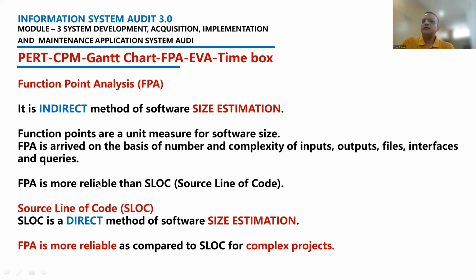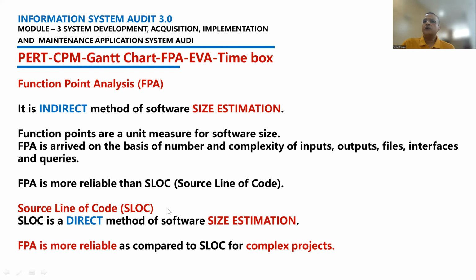Function point analysis is more reliable than source line of code. Obviously, in function point analysis you are more concerned about the functions the software is going to perform in terms of input, output, files, and interfaces. Whereas in source line of code, you are talking about how many lines of source code are being used in the program. Now, it doesn't talk about the software functions. It only talks about the lines of code.